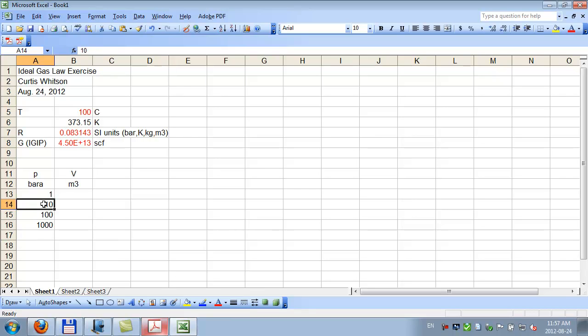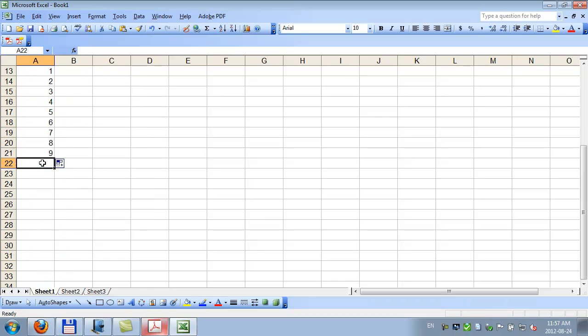You can do like 1, 2, 3, 4, 5, 6, 7, 8, 9. Then you do 10, 20, 30, 40, 50. Okay. So we can do that. And if you want to get clever, you can just do this. You can grab onto 2 of them and take it out until it gets 9. And then I'll do 10 and 20.